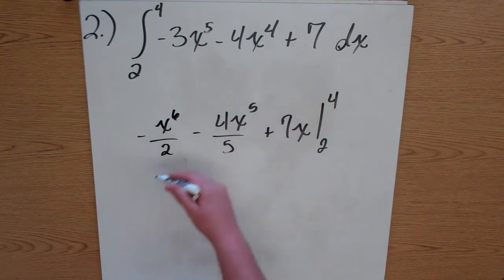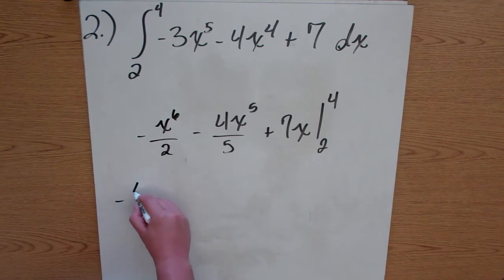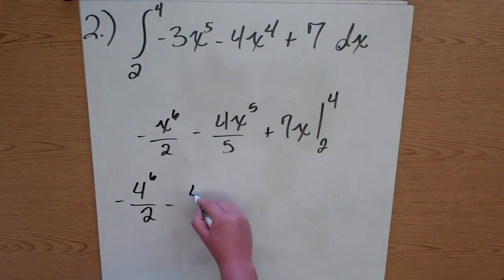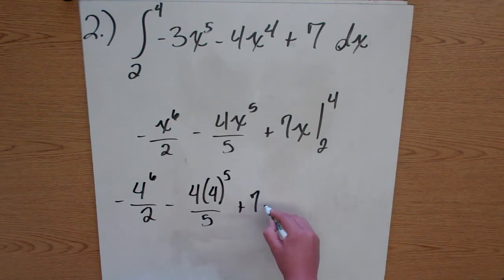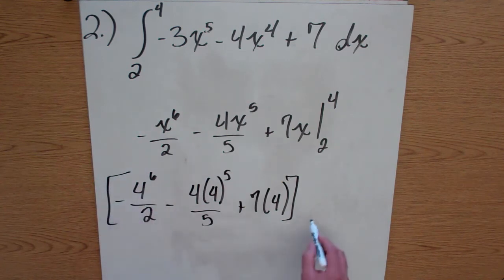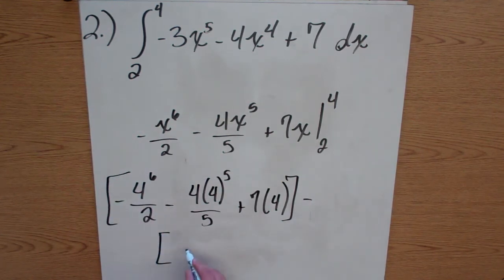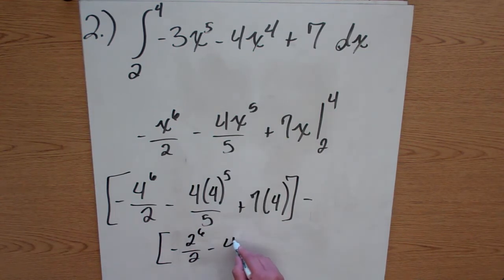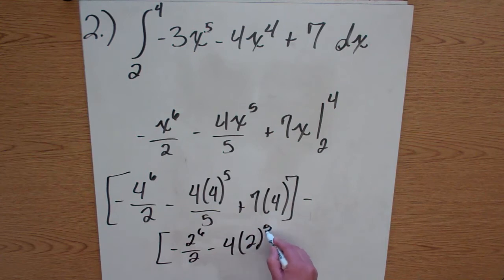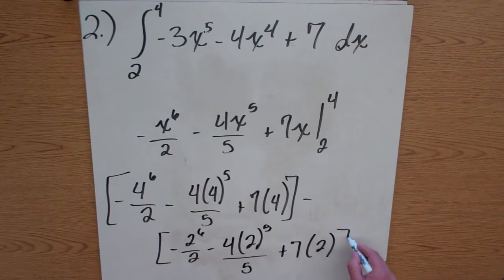Now remember, plug in a 4, so it's going to be negative 4 to the 6th divided by 2 minus 4 times 4 to the 5th divided by 5 plus 7 times 4. It's going to be that whole thing minus, and then negative 2 to the 6th over 2 minus 4 times 2 to the 5th over 5 plus 7 times 2. Alright?